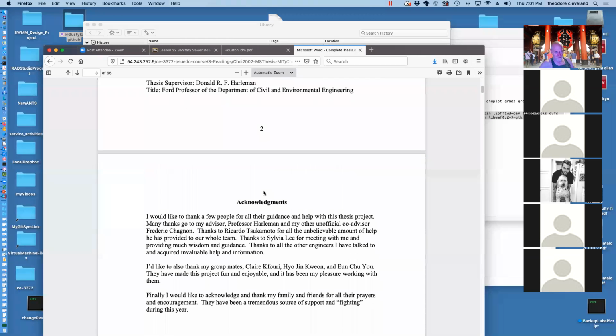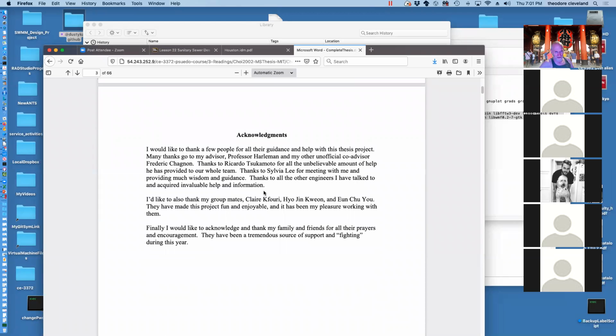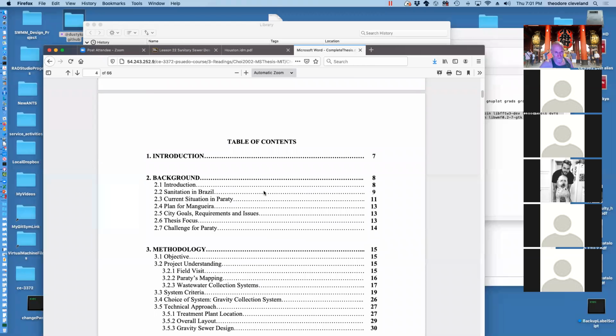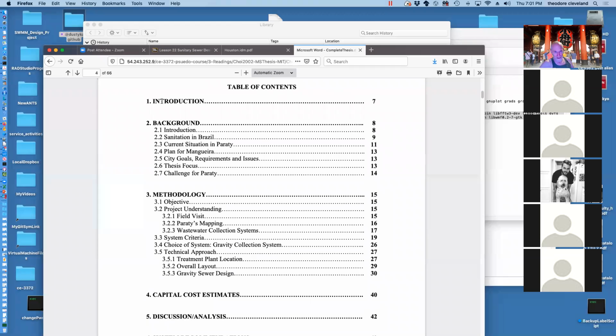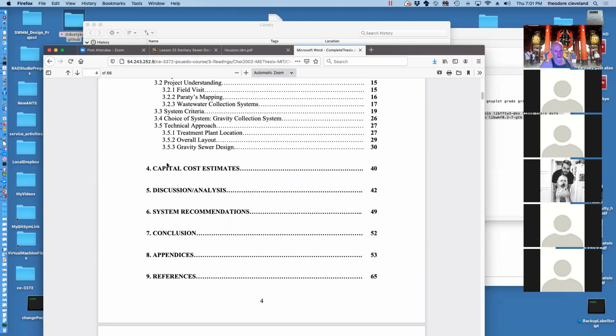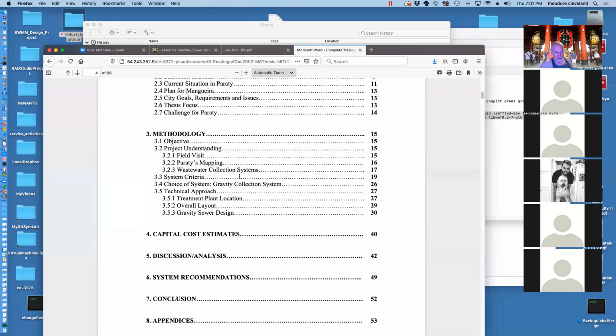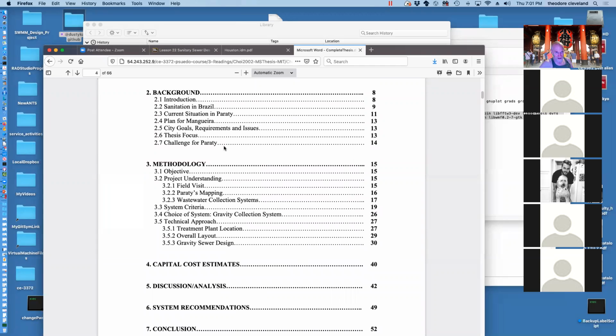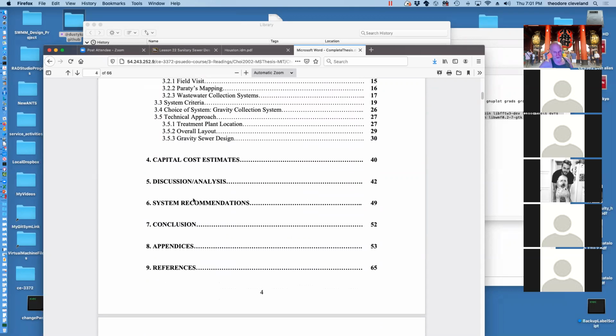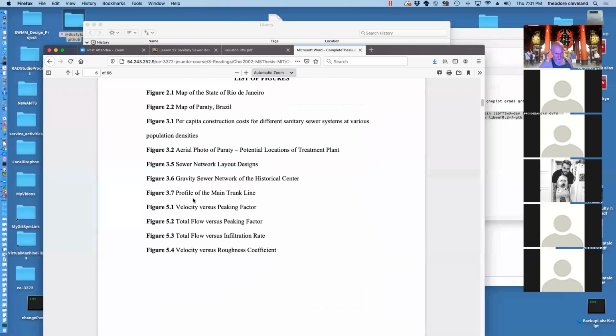So this is actually a really good design document. So like all engineering reports, introduction, background, and then the methods that are applied, then a set of estimates, and finally a recommendation. And what I like about this is a discussion on different kinds of wastewater collection systems. We'll get to those shortly.